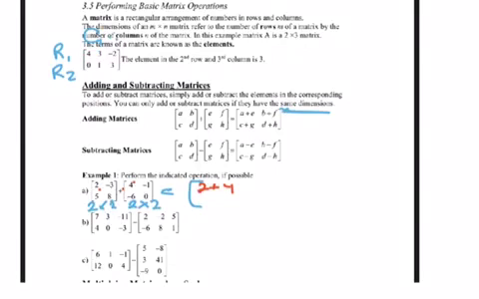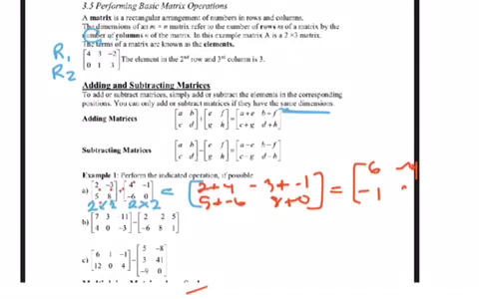Then I'm going to do the top right: negative 3 plus negative 1. And I'm going to do the bottom left: 5 plus negative 6, and 8 plus 0. So all together I have 6, negative 4, negative 1, and 8. So I end up with a 2 by 2 matrix.